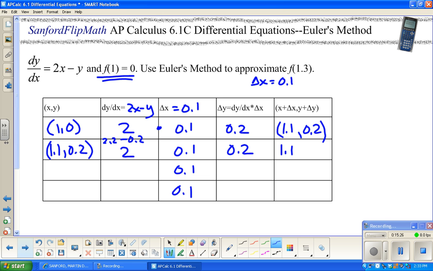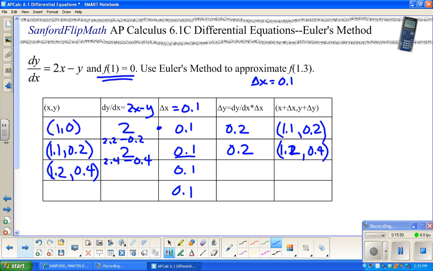So this will be 1.2, excuse me. We added another 0.1 on. And then 0.2, so we'll add that on, 0.4. Okay. All right, so here we go again. 1.2, and we're going to go 0.4. Okay. So 2 times 1.2, 2.4, minus the y value.